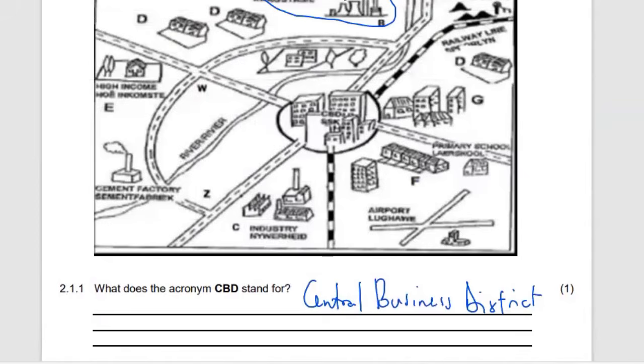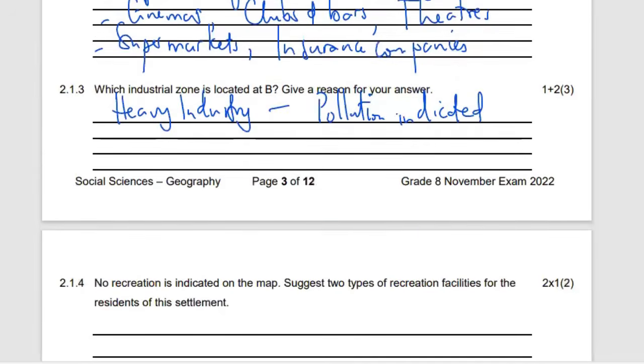Right. Heavy industrial activities are incompatible with high income residential areas. High income area is here and the power station is far away. So it's located far away from the high income residential area.